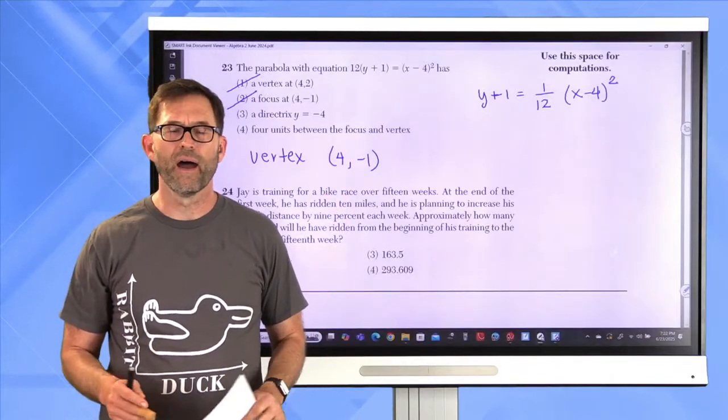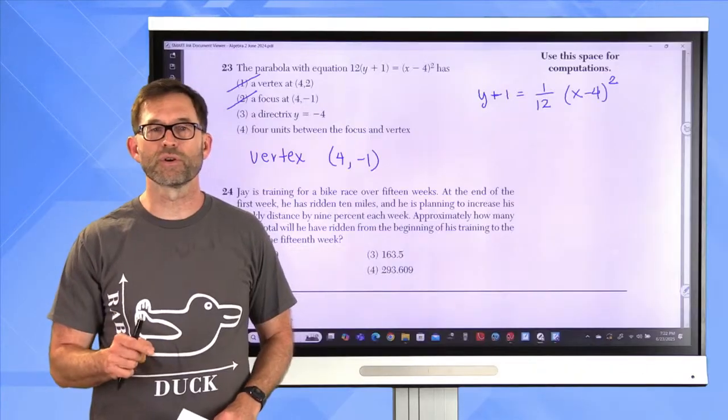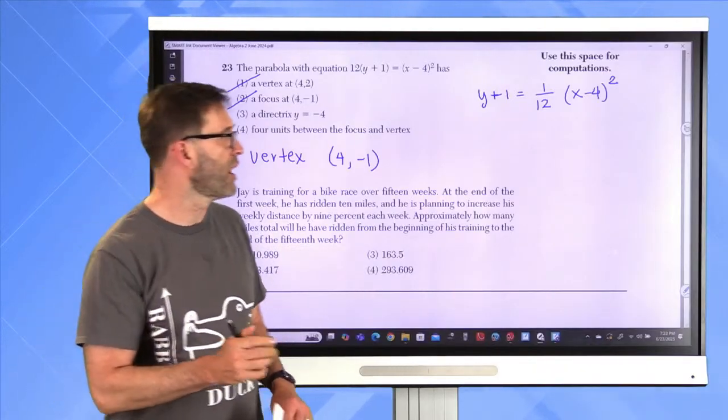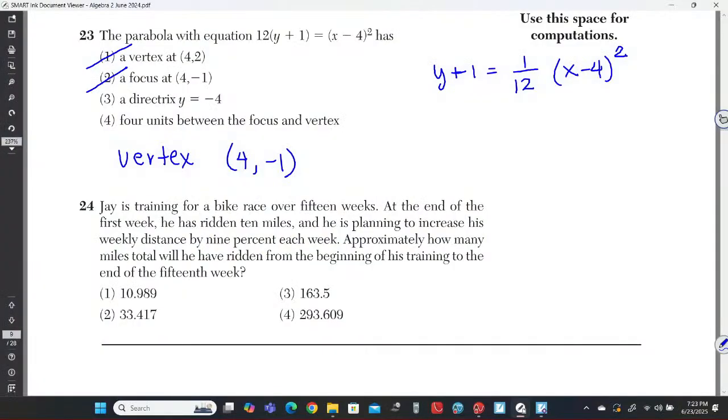And quite frankly, I'm not really sure how you're supposed to do this problem unless your teacher got into something very, very specific, and that's the following. If I have, let's say, a parabola, and the whole idea is that I've got this focus, and I've got a horizontal line or a vertical line.